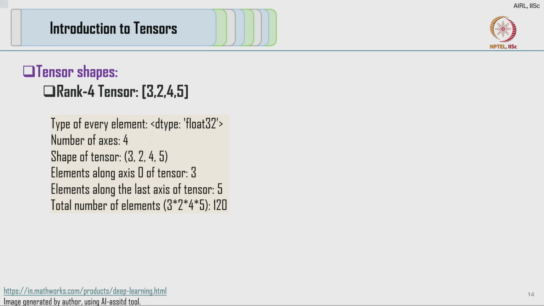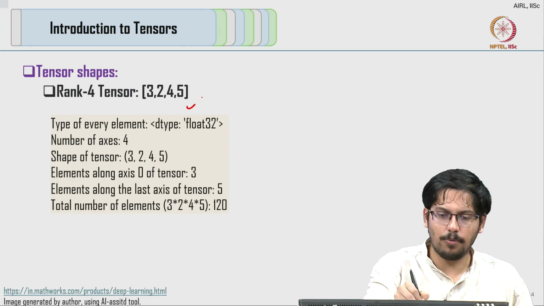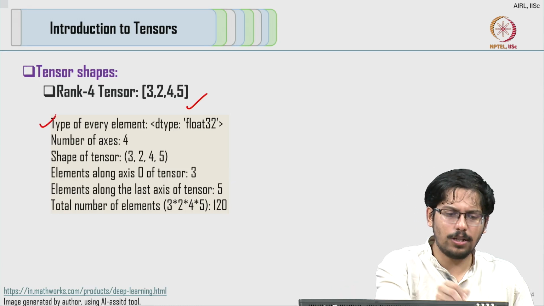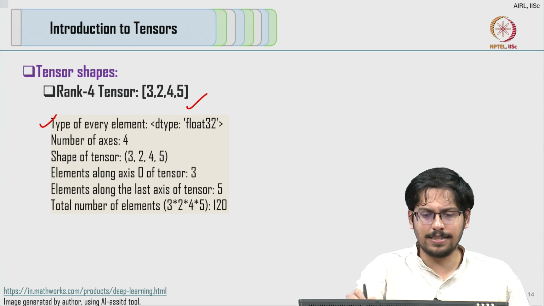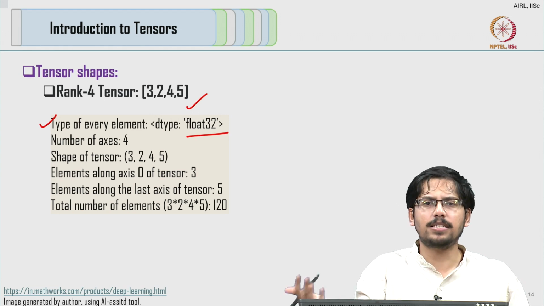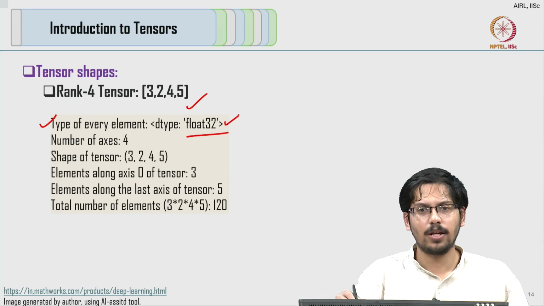Okay. Now let us start with a rank 4 tensor which could be defined with a shape of 3, 2, 4, 5. Now for this particular shape, let us assume that all the elements in this particular tensor are of float32 data type. Now this data type can change, it could become complex, it could become integer, etc., right. This depends on the way we are initializing, right.